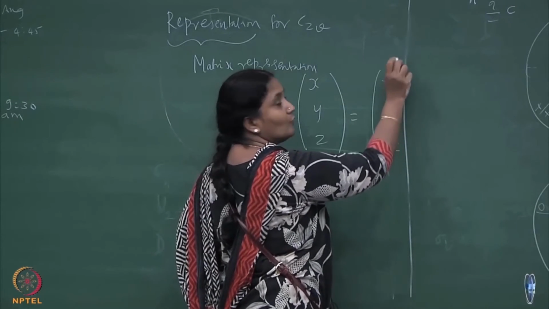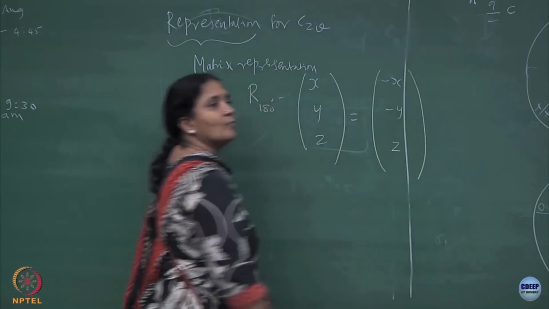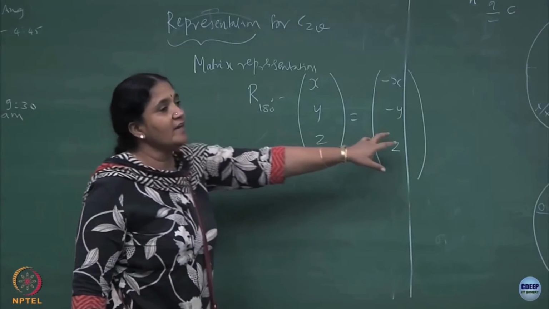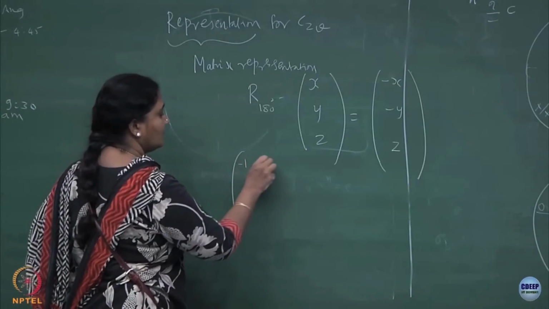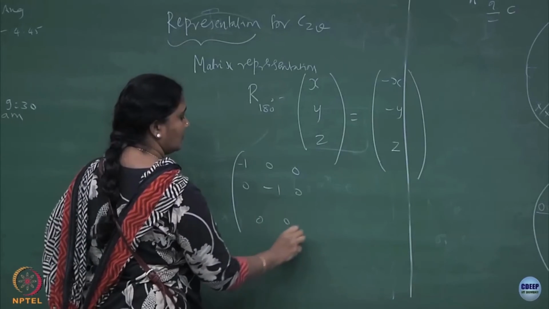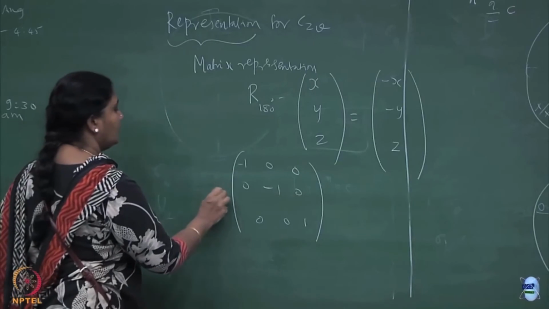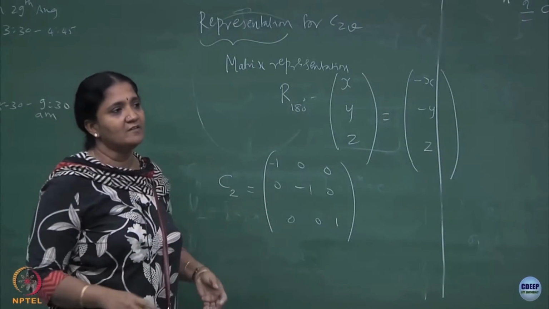Am I right? Yes or no? And what is the matrix which can generate that state? If you try to find, then you know it is minus 1 0 0. Okay. So, this is what we will call a C2 element.